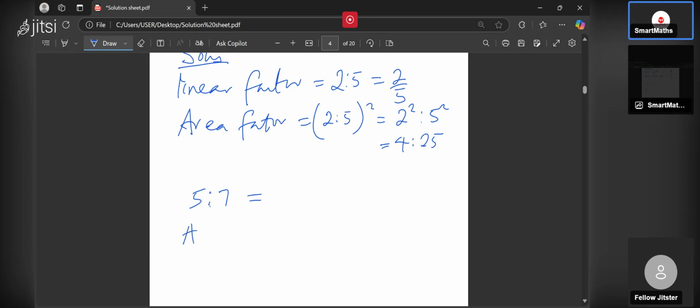What's the area factor? What's going to be the area factor here? 25 to 49. That's good. We have a lot of these in BECE, NECO, BECE for JSS3. They have so many questions on this.